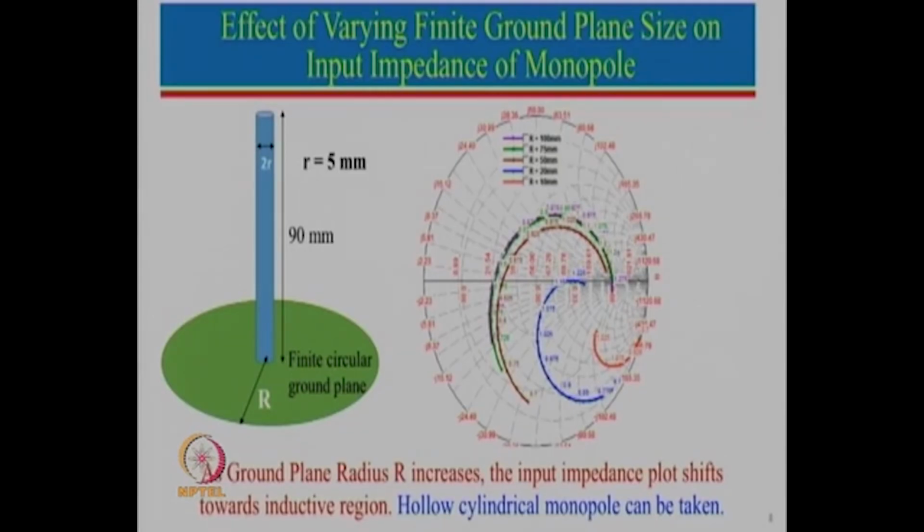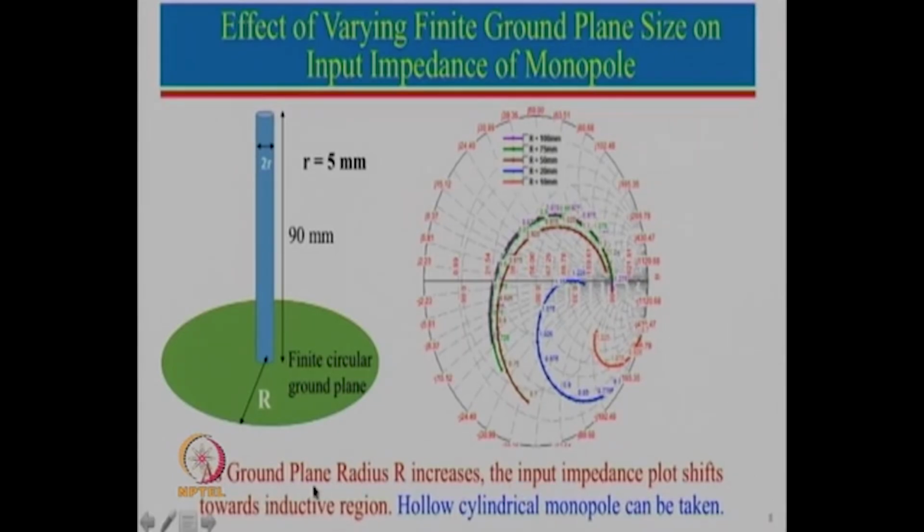So here we have shown various cases, from a very small ground plane to a little larger ground plane, and in the next slide we will show you an even much larger ground plane, almost tending towards infinity. But let us see what we are noticing.